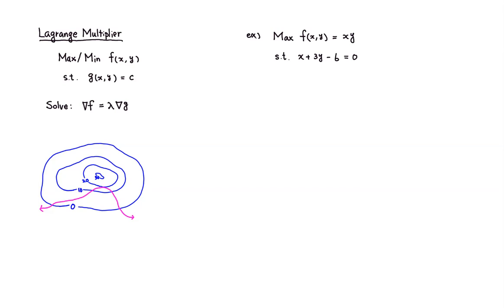This is called the Lagrange multiplier, times the gradient of g. Basically, it's saying that the gradient of f, which is a vector, is a constant multiple of the gradient of g, which is the constraint equation.